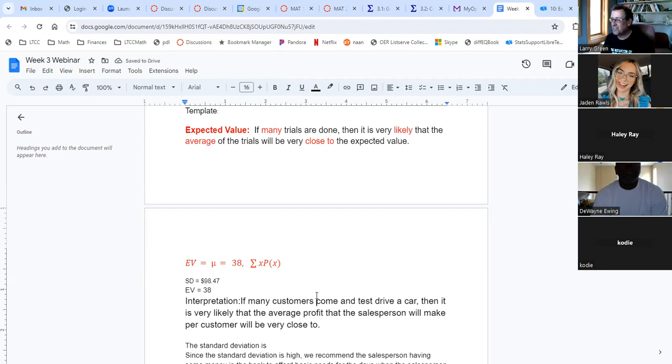Any thoughts on why I use 2 decimals? Yeah, it's money. And the way we look at money is dollars and cents. No one does 1 decimal. You could either do just dollars if that's good enough for you, or you can do dollars and cents. Okay, because that would be the natural thing to do. Any questions on that idea? So the units of the expected value and the standard deviation, both for this example, are in dollars.